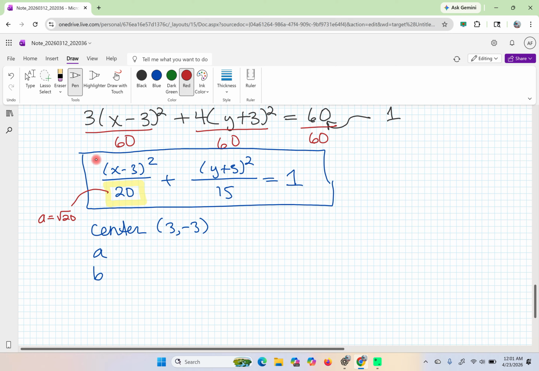And then this is my b value. And b is going to be the square root of 15. Square root of 20 is 4.5 approximately. Square root of 15 is approximately 3.9. And I have my center value, so we can do our graphing here.